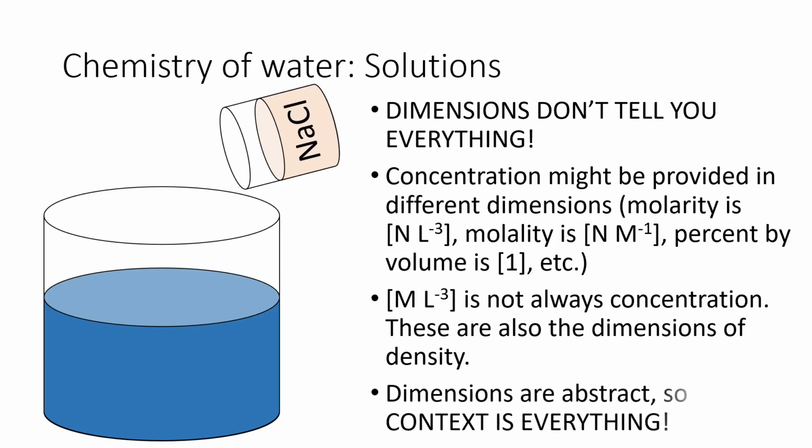Now, the key here is to recognize that context is everything. The context of the dimension matters. The mass of what and the volume of what will tell you what you really mean by a mass per volume and whether you mean something like density or concentration. So just a quick reminder that dimensions are extremely useful, but they're also quite abstract, and you have to have a little bit more context to understand what they mean.